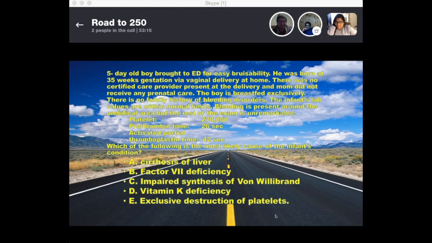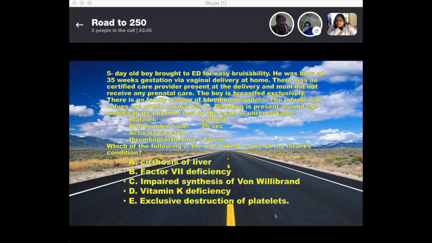Well, it's not factor 7 deficiency, right? No, because, and why not? Well, you would have to have a vitamin K deficiency for factor 7 not to work, correct?